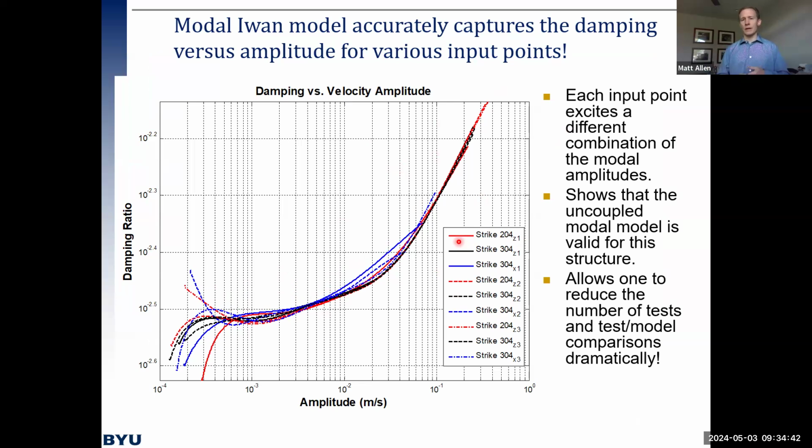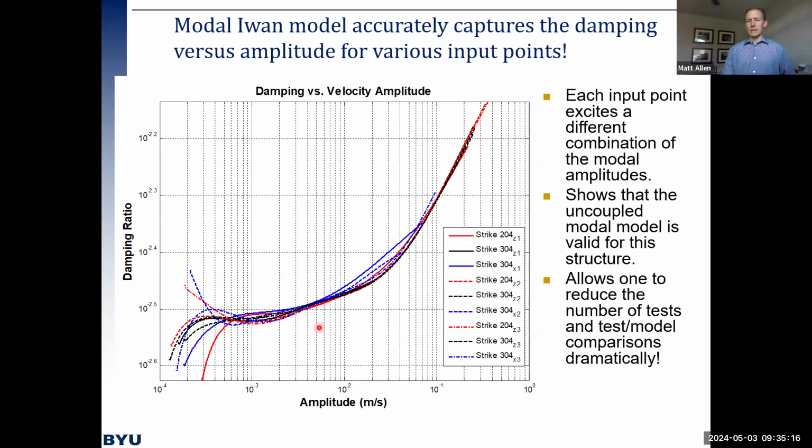So each point you hit it at excites a different combination of all the different modes of this assembly. And what we found is, in this case, we got very repeatable results. We got the same behavior no matter where we excited the structure. So the modal model was a hero in this case, worked extremely well to model the behavior, and really simplifies everything that you do, because you can design a test, you can do your simulations using concepts from linear vibrations.